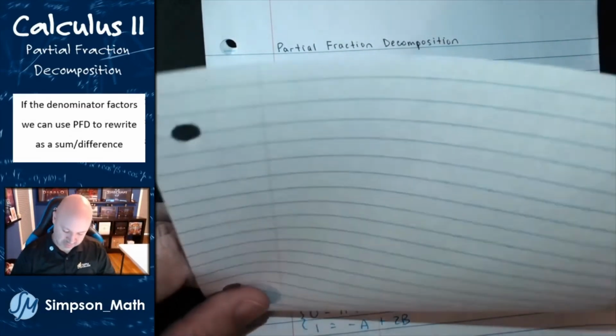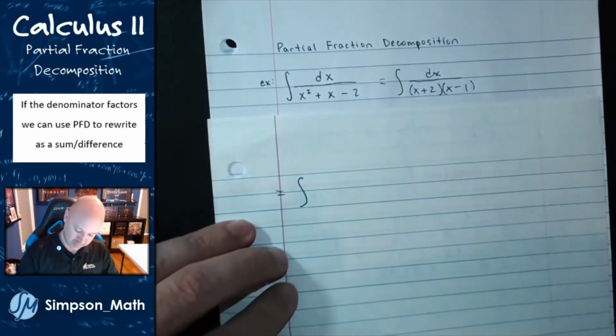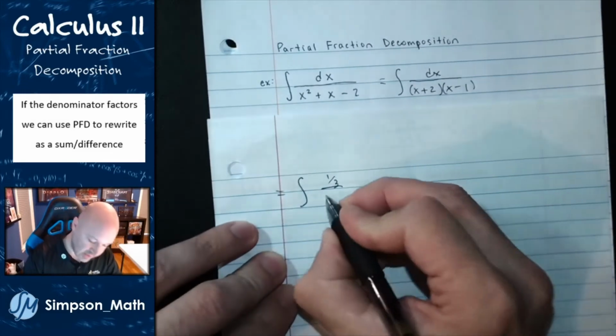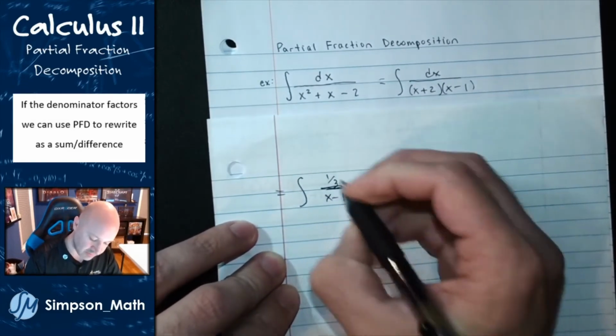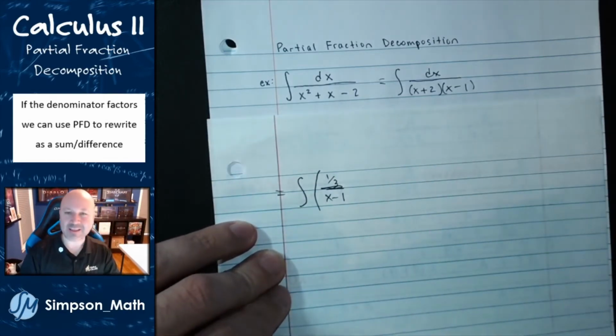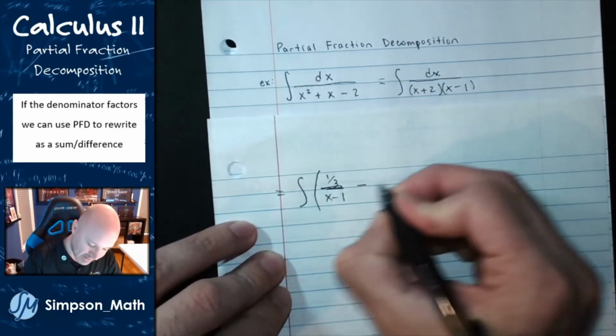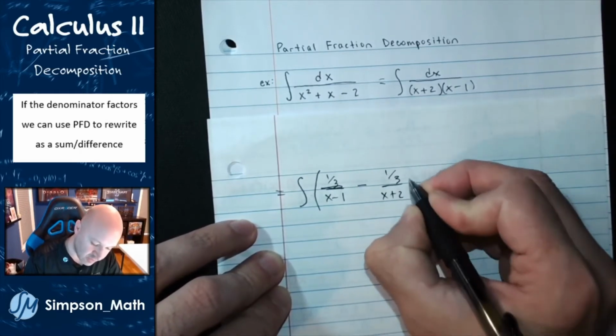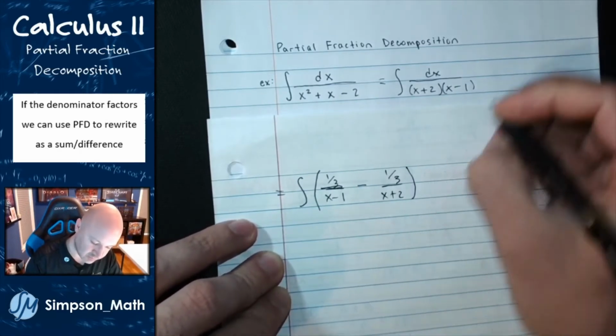All right, I claim it's going to be, I'll put the positive first, 1/3 over the x minus 1 factor, and then we're adding that negative 1/3. So I'm going to say minus 1/3 over the x plus 2 factor.